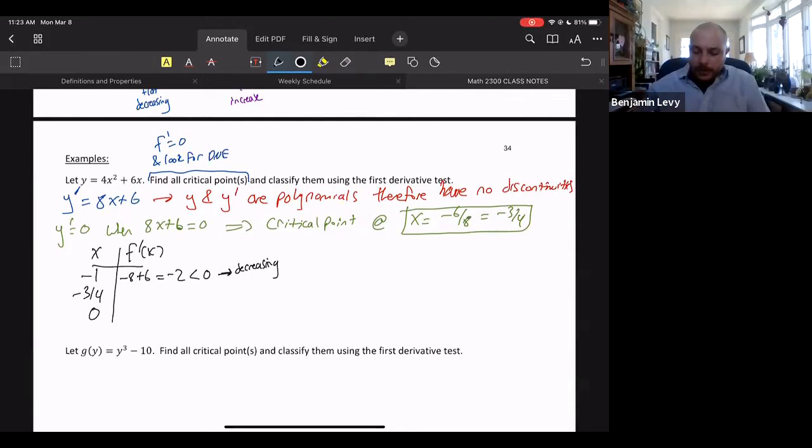So it shouldn't be surprising that when you plug it back in, you get -6 plus 6. We already knew it was going to be flat there, but maybe it's good to verify that. And then when you plug 0 into the derivative, you get a positive number. So we've got an increasing situation. And so we have a min.